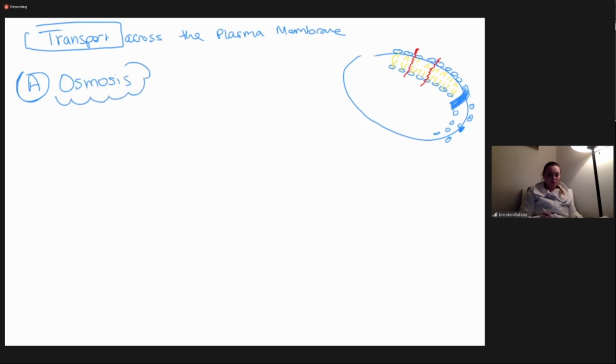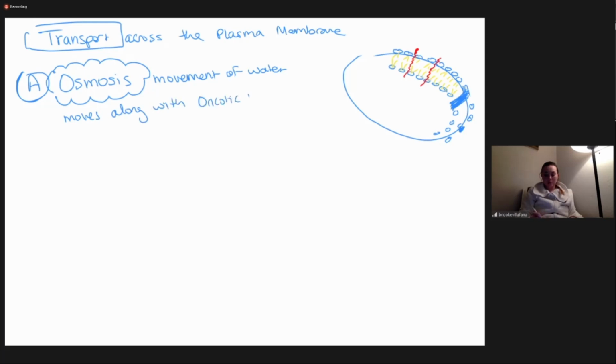Osmosis. So for osmosis, this is the movement of water. Okay, so the movement of water. So osmosis, or the movement of water, moves along with oncotic pressure.